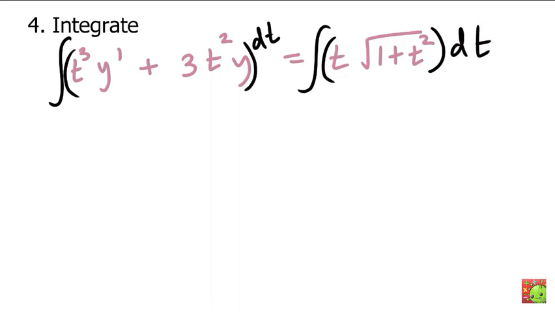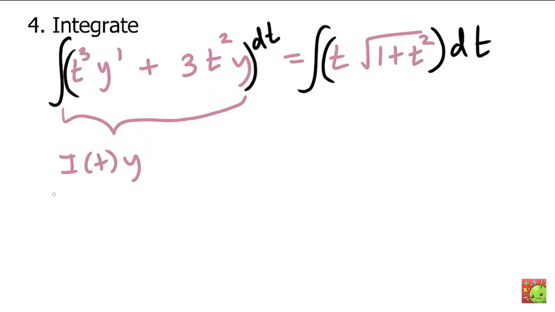Let's integrate the left-hand side first. If you recall, in my last example video I talked about how the left-hand side is always going to equal the integrating factor times y. It's always going to equal that.